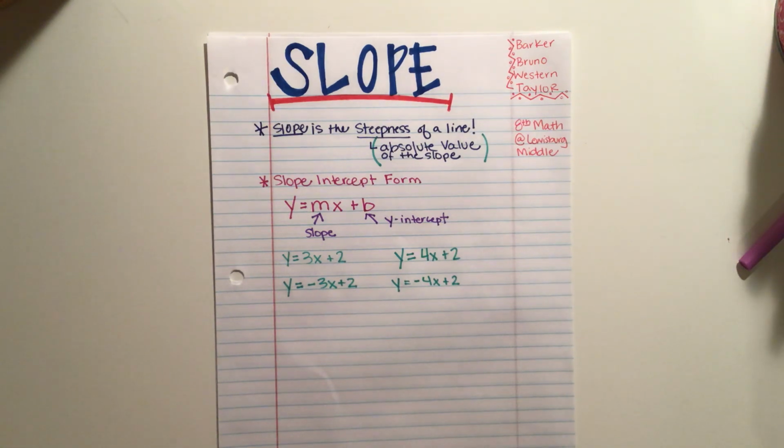But when we're talking about steepness, steepness is how steep that line is. How steep is that slope? So you're going to take the absolute value. When we're talking about steepness, don't think about negatives. Just look at the absolute value of that number.